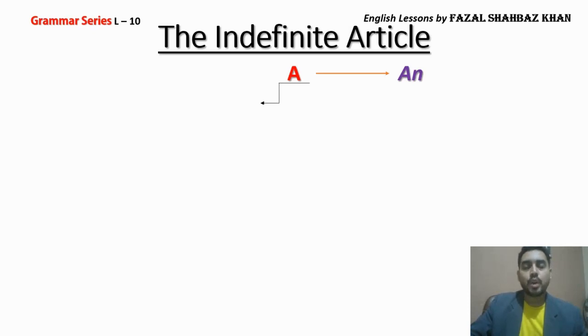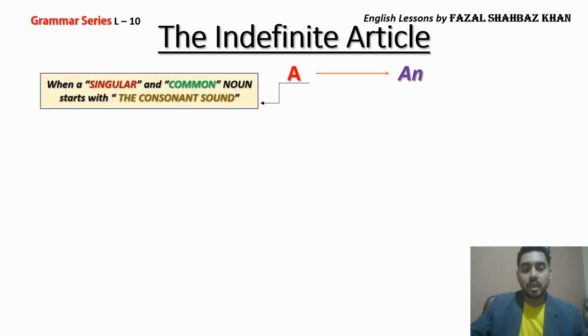We have already talked in our previous lecture that the indefinite article a only appears when there is a singular common noun, and it must be a noun that starts with a consonant sound, not a vowel sound. A word may apparently start with a, e, i, o, u, but it may also carry the sound of a consonant.